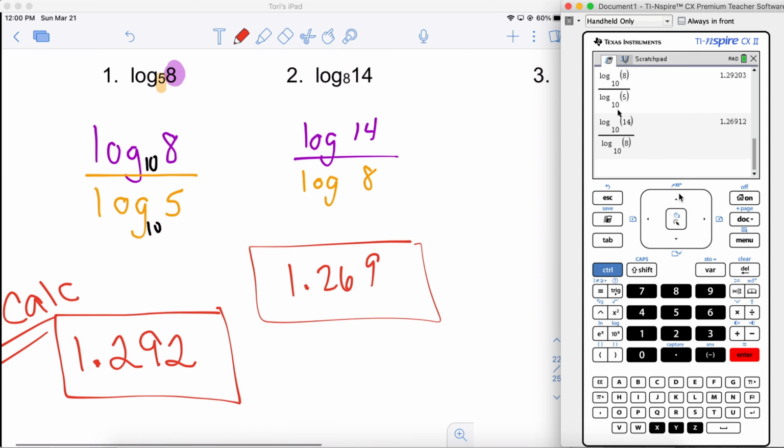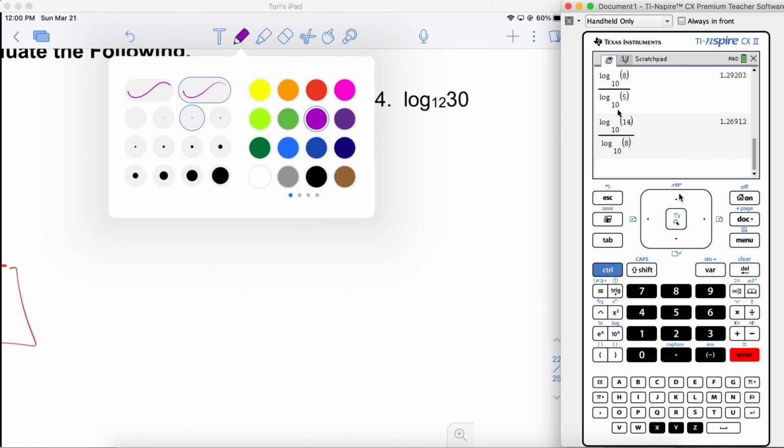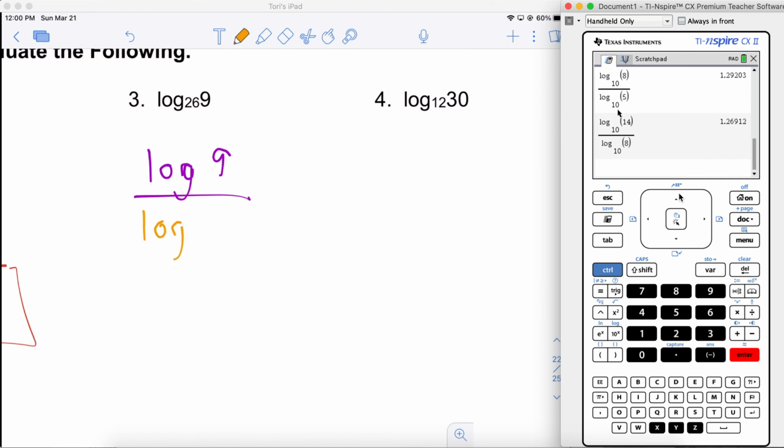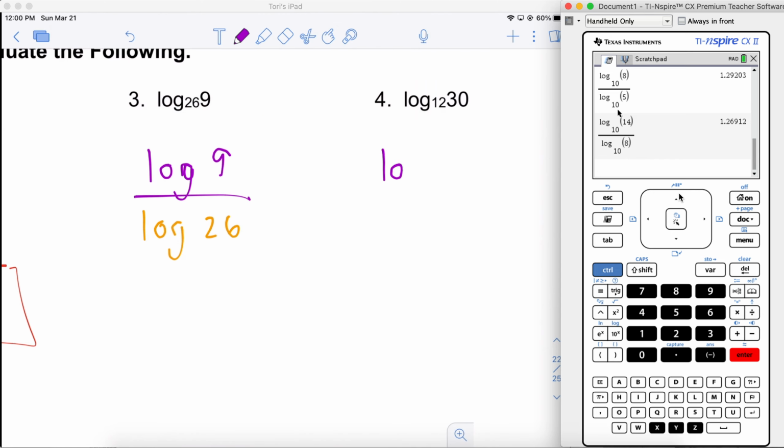Let's go over to numbers 3 and 4. So number 3, I'm taking the log of 9, so that one goes on top. My base was 26, so that goes on the bottom, log of 26. For number 4, I was taking the log of 30. It was a base of 12, so on the bottom I do log of 12.